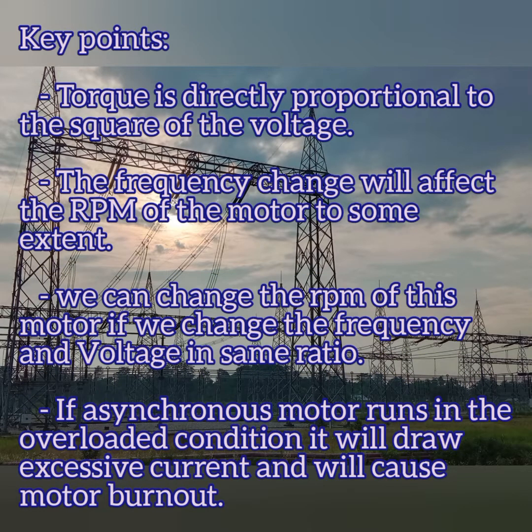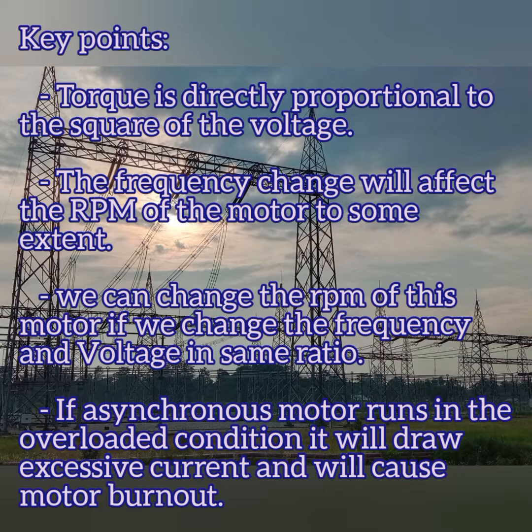Then key points we need to know about this asynchronous motor: the torque is directly proportional to the square of the voltage. So if the voltage is increased, automatically your torque will be higher. If the voltage is reduced due to the load, automatically your torque will be reduced.